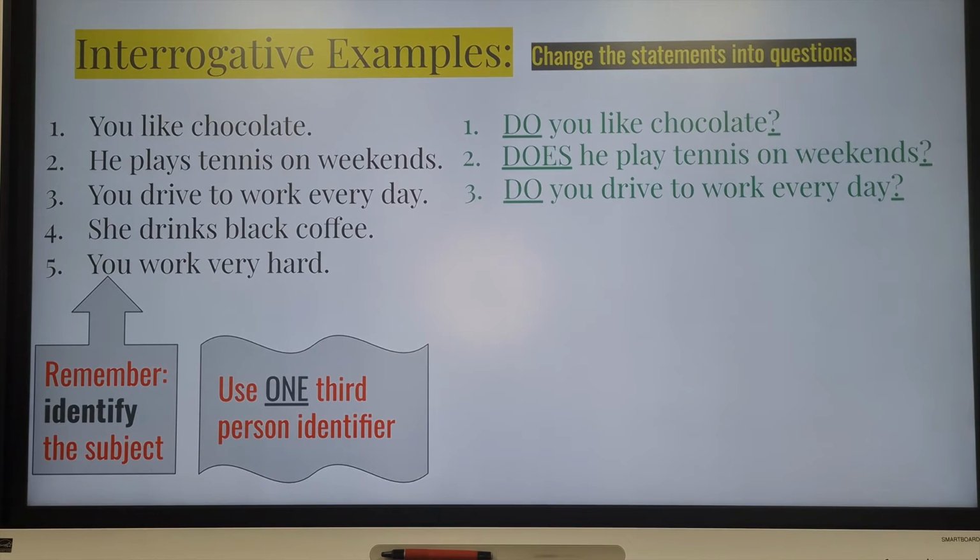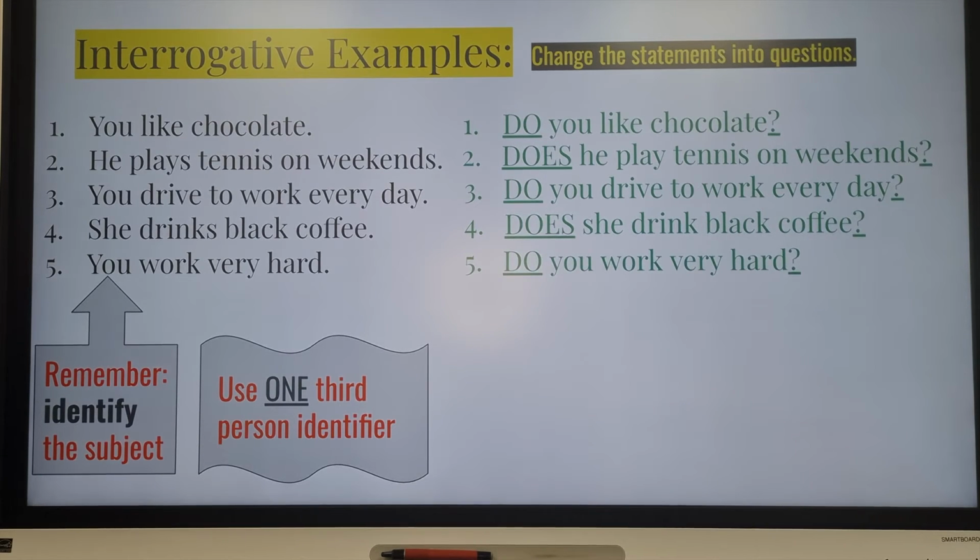Number four, she drinks black coffee. What is the question? Does she drink black coffee? Again, third person. And number five, you work hard. What is the question? Do you work very hard?